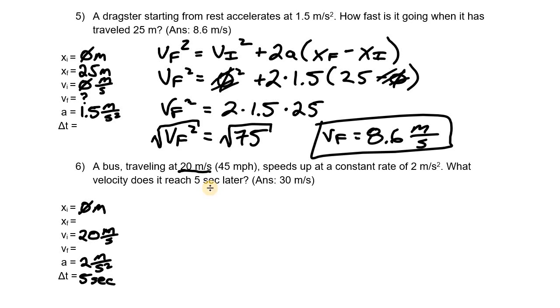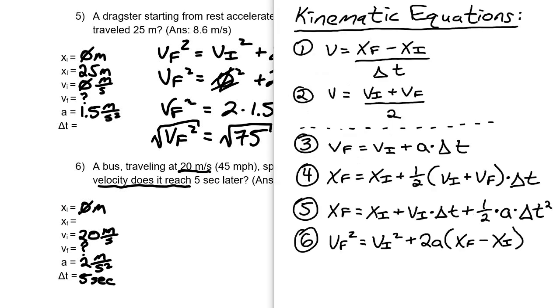And what is it that we're trying to find here? What velocity does it reach? Oh, it sounds like we're trying to find the final velocity. Does it say anything about the final position, or are we trying to solve for the final position at all? No, right? Okay, so that's the variable that we don't care about.